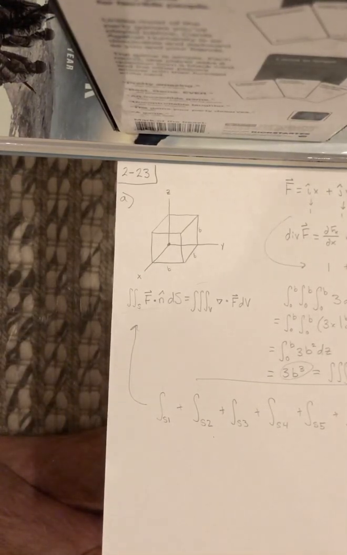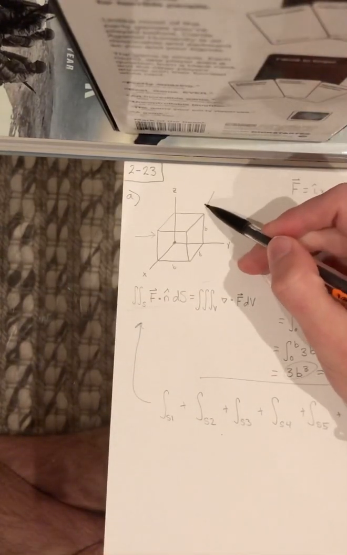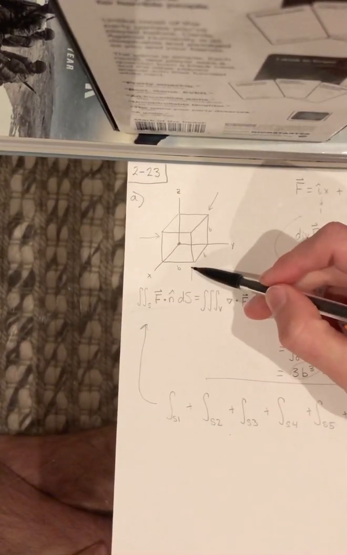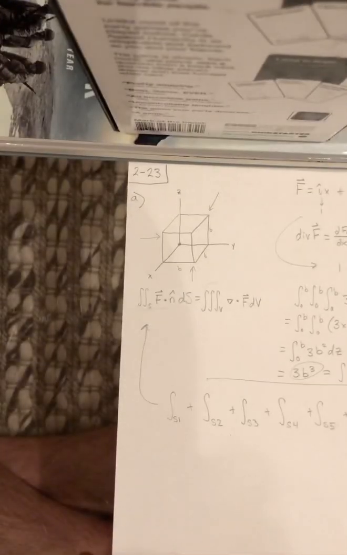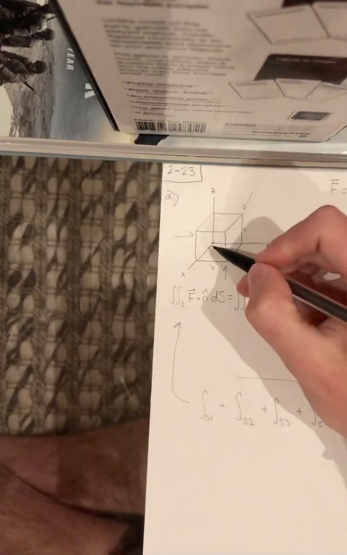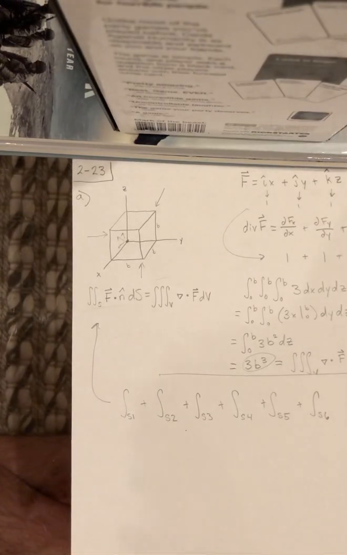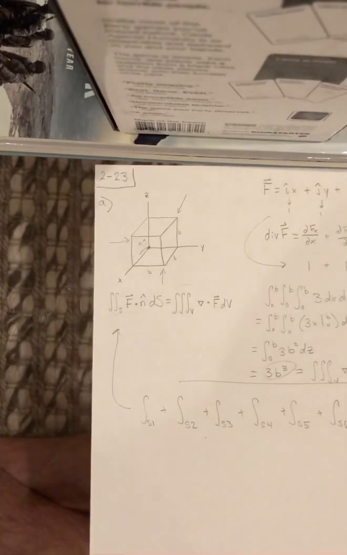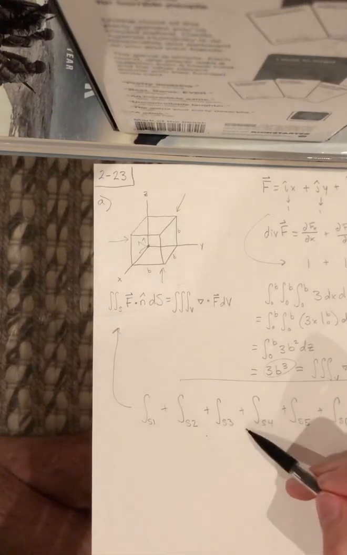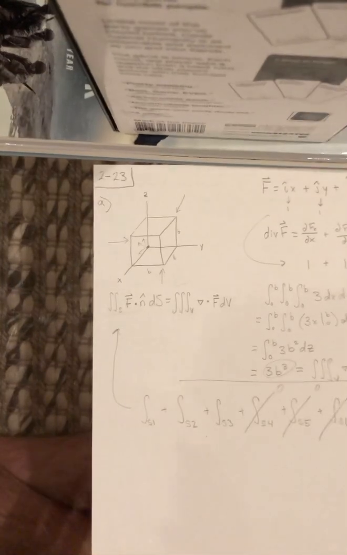So what that means is that this left side, this back side, and this bottom side are all going to be parallel to this vector field because they are on coordinate planes. So if you think about it, all these vectors will kind of come out here, will come out here, come up here. They'll be different, but they'll all be parallel to these three sides. So that makes it nice and easy because this is going to be 0, this is going to be 0, and this is going to be 0.